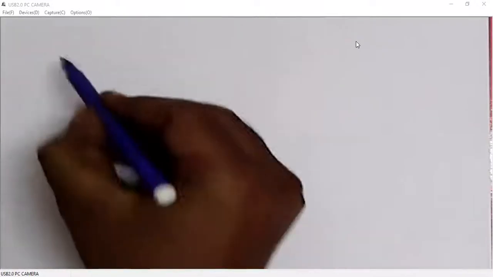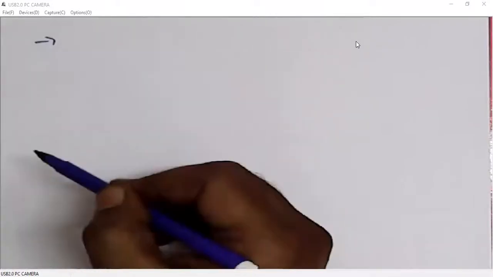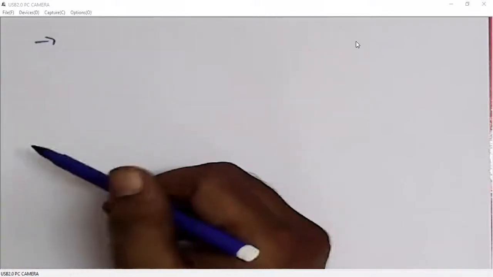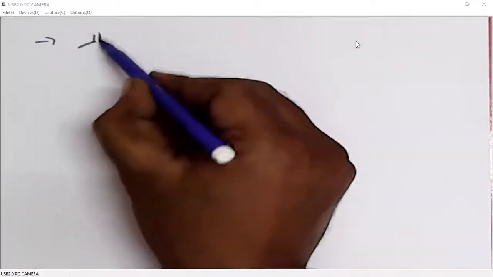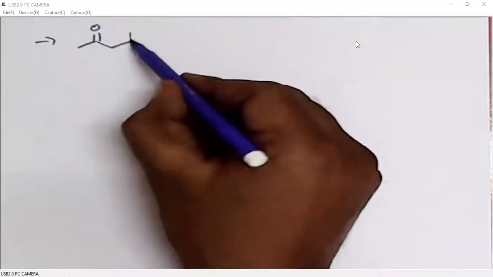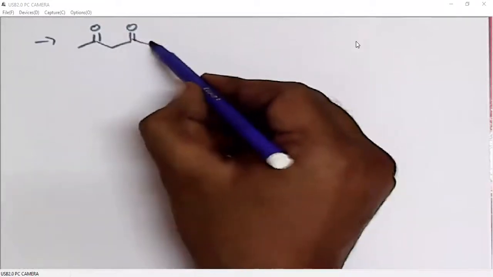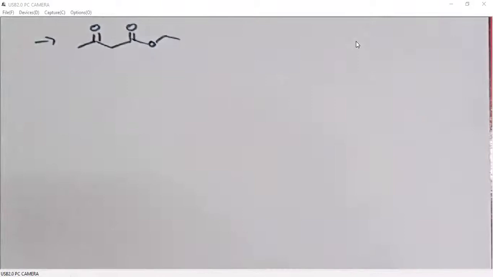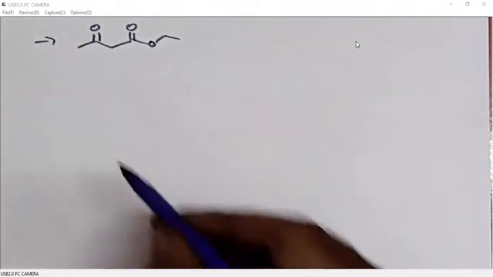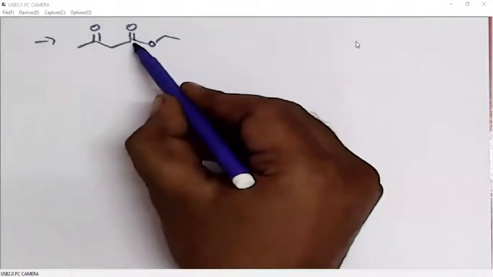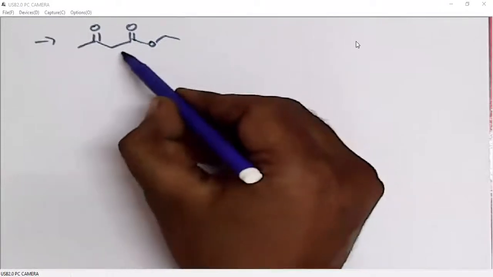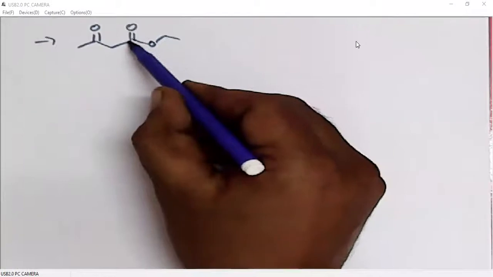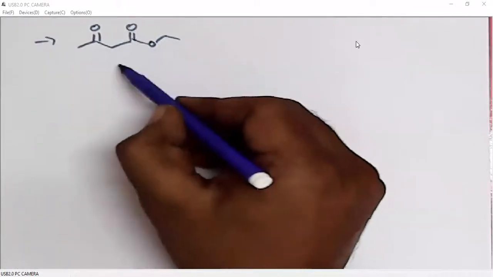Now we will see the reactivity of alkyl lithium reagents with compounds having an acidic proton available in the molecule. Here we have two carbonyls, a ketone and an ester. Organolithium reagents can add to any of these carbonyl carbons.